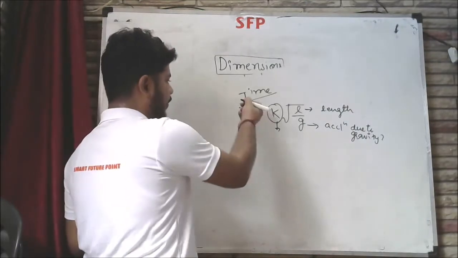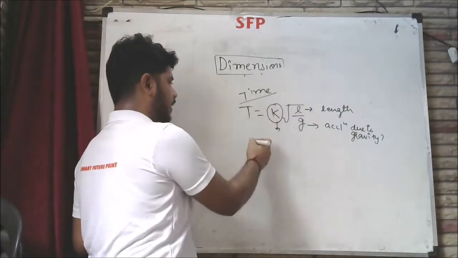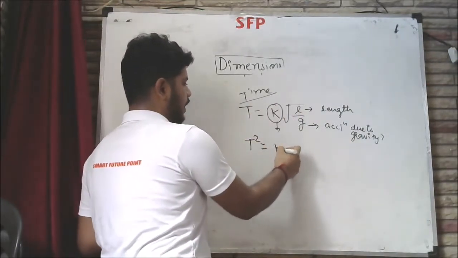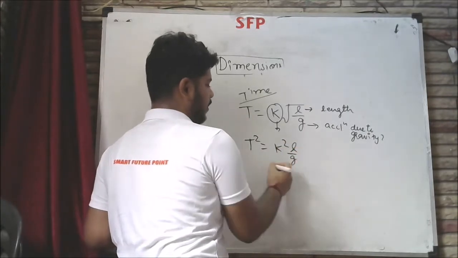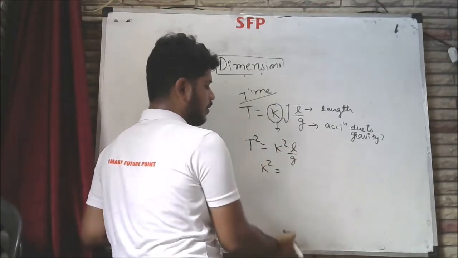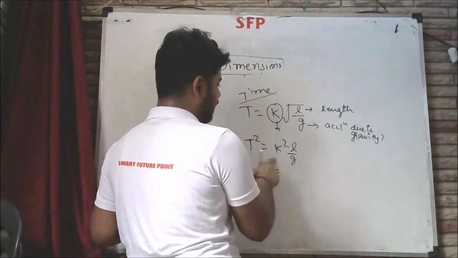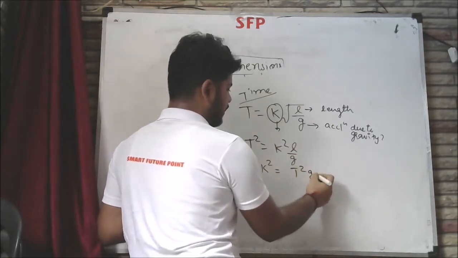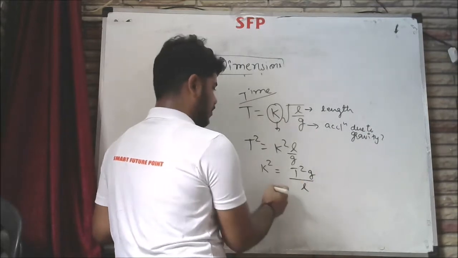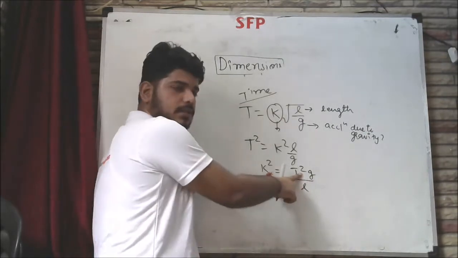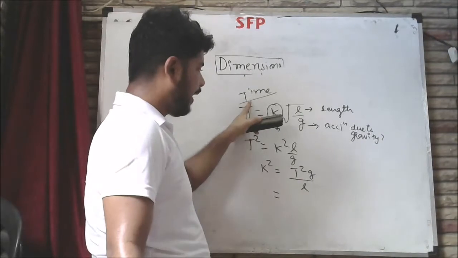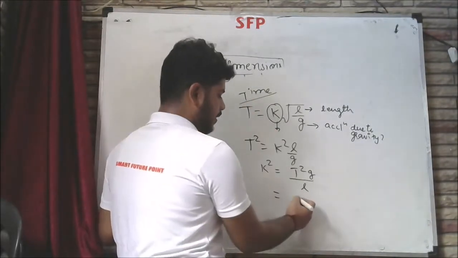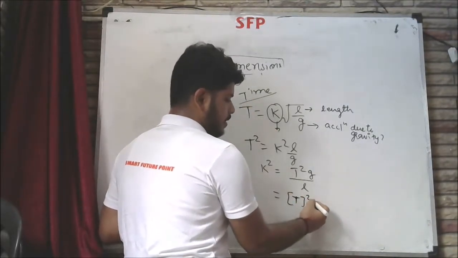What will I do? I'm going to square both the sides. It will make the equation easier. T square will be K square L by G. We have to find K square. K square is nothing but T square G by L. T is your time, so it is represented by T square.